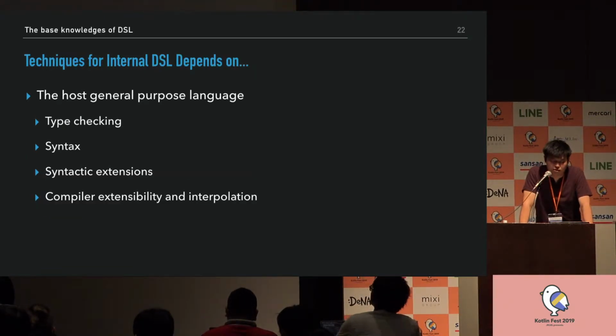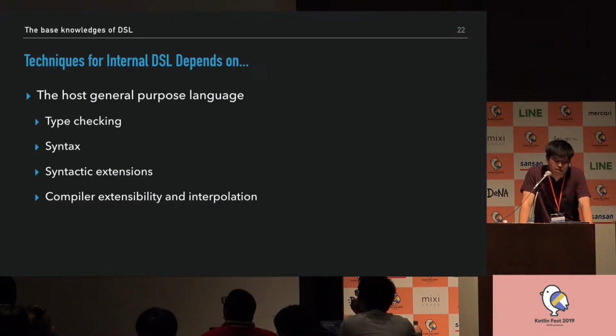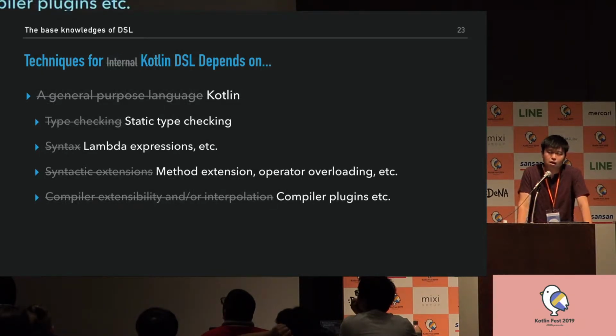Basically, techniques for internal DSL depend on the host general purpose language. For example, it's type checking, base syntax, syntactic extensions, compiler extensibility, and compiler interpolation. For Kotlin DSL, it uses Kotlin, of course.